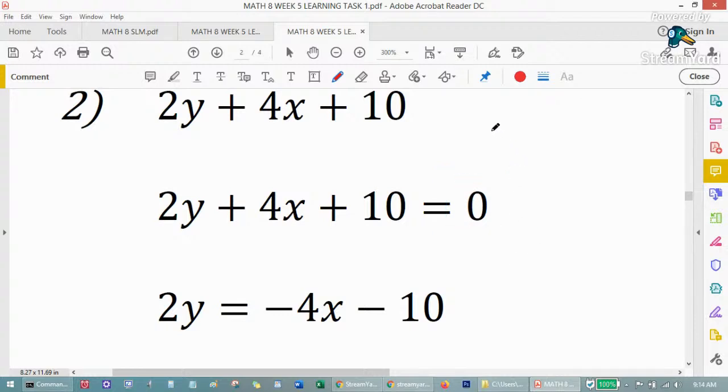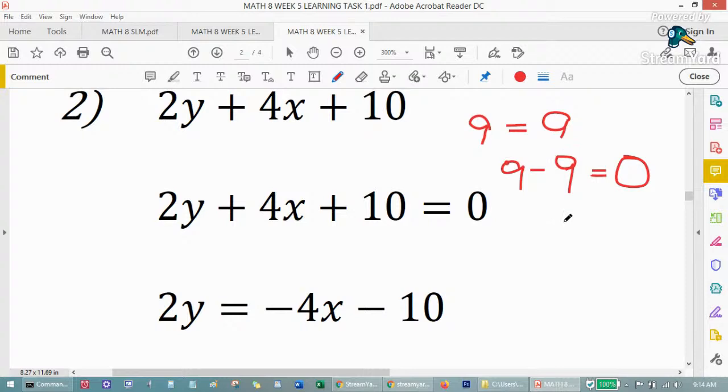Parang sinabi mong 9 is equal to 9, no? So, 9, kapag tong positive 9 ay nilipat ko sa kabila, that's magiging equal to 9. So, since tong positive 9 ay lumipat sa kabila, ang maiiwan dito is 0.